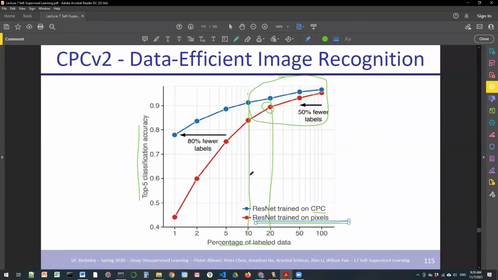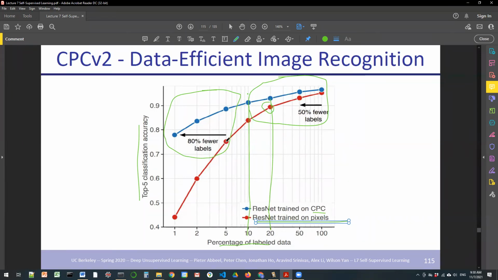So with 50% fewer labels, you're able to get to the same accuracy as what your supervised training provides. And what's fascinating is you see this curve is a lot less flat than the supervised technique curve, which means that in a low data regime, where your available labels are very few, you can achieve the same level of accuracy.